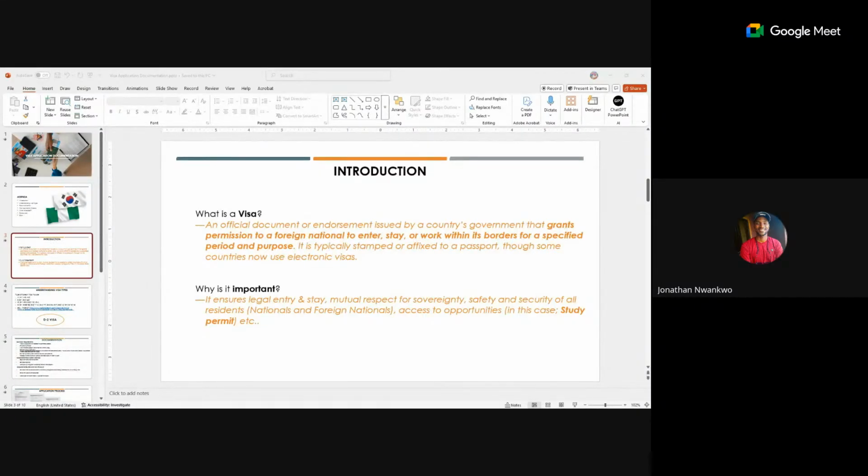The purpose is very important also. It's usually stamped or affixed to a passport, although for some countries, I think in the case of South Korea, the visa is electronic.